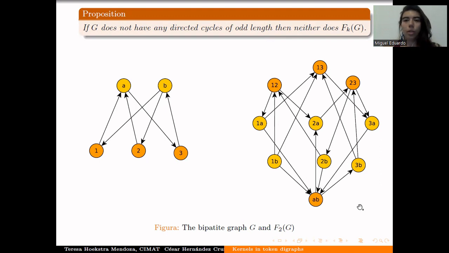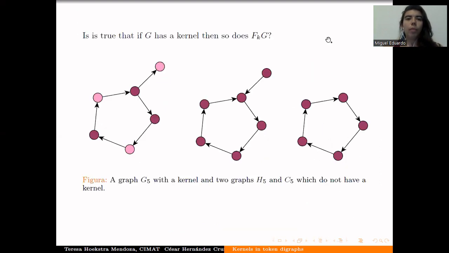Okay. So one then can ask if this always holds. Is it always true that if G has a kernel, then so does its token digraph? To answer that question, we can look at these three graphs. The first one has a kernel.